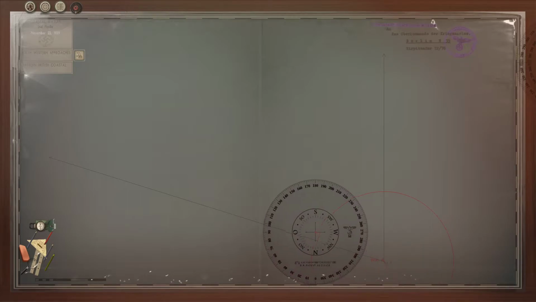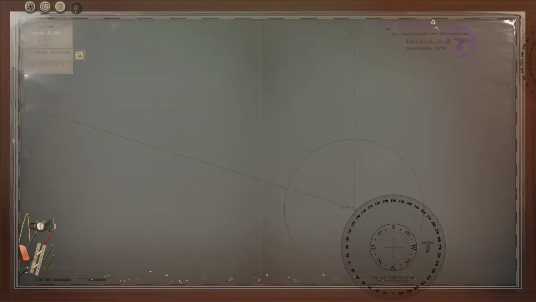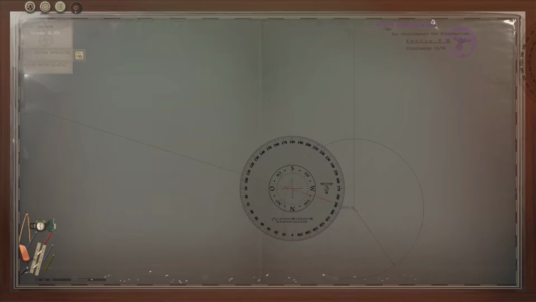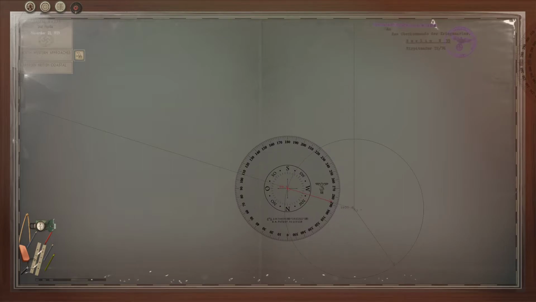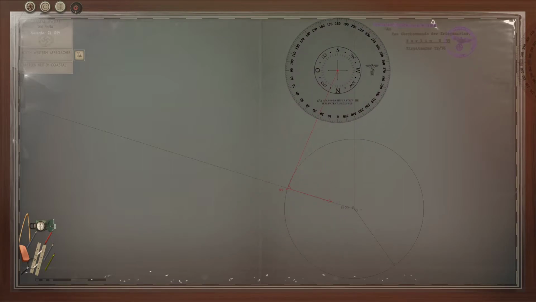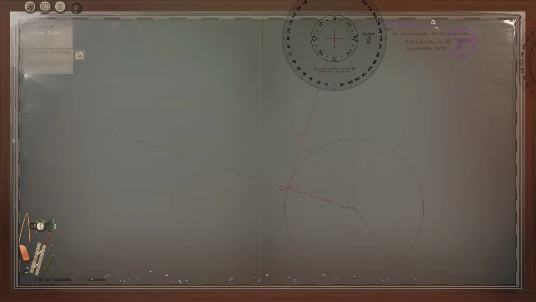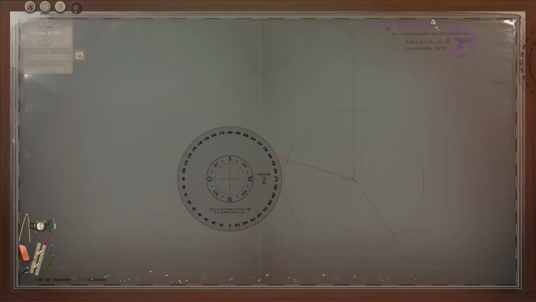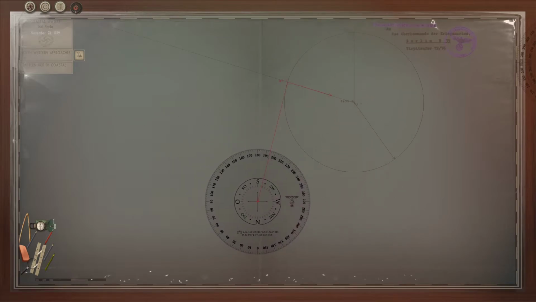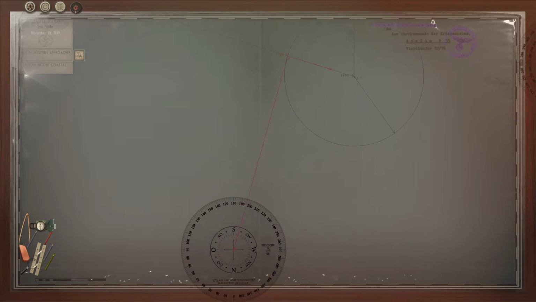Then I do my 90-degree line of position from there. We might actually have to go down this way instead. Okay, so 90. There we go. So really it's just a line that's running as a tangent to this circle, right? Alright, so that's our first one.